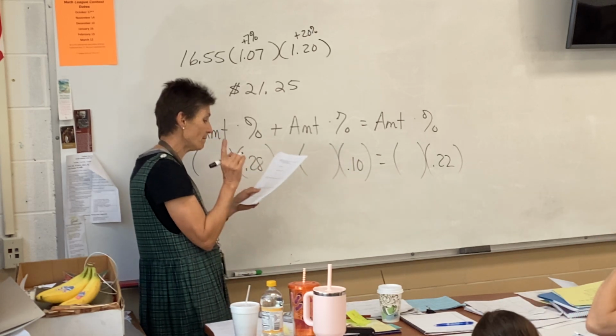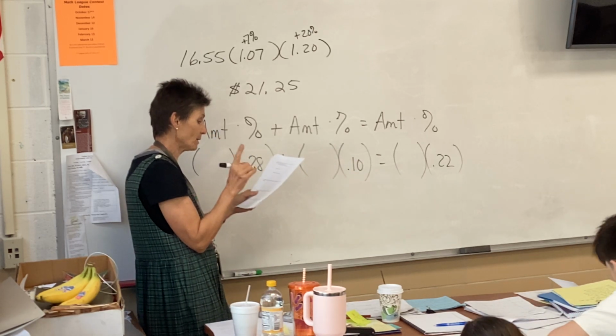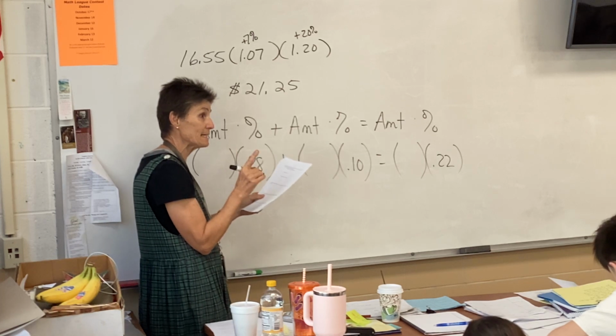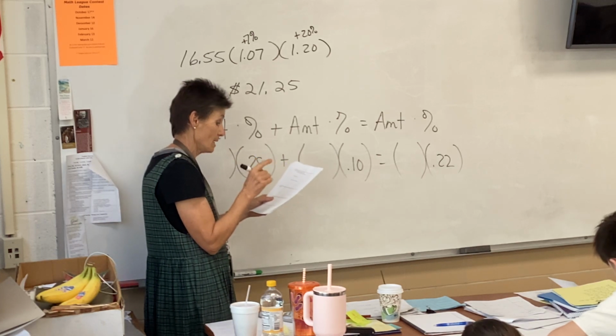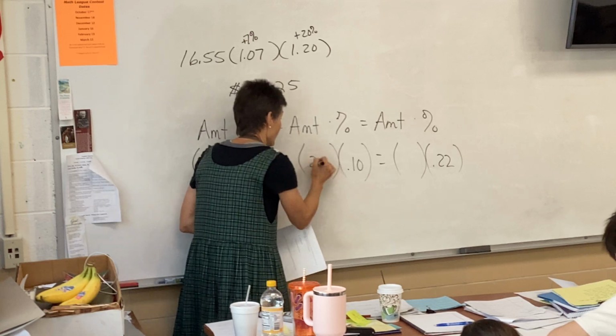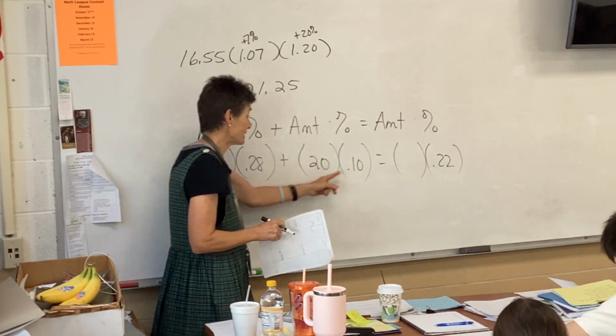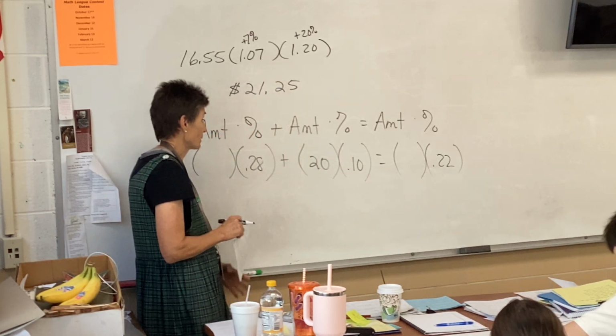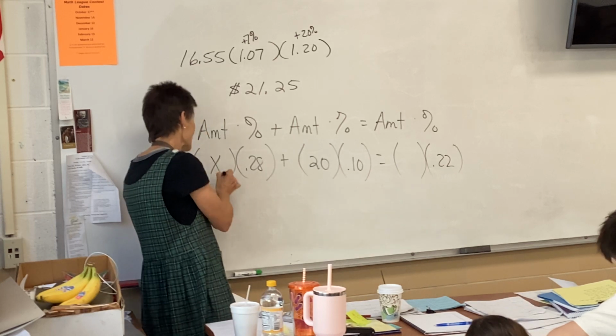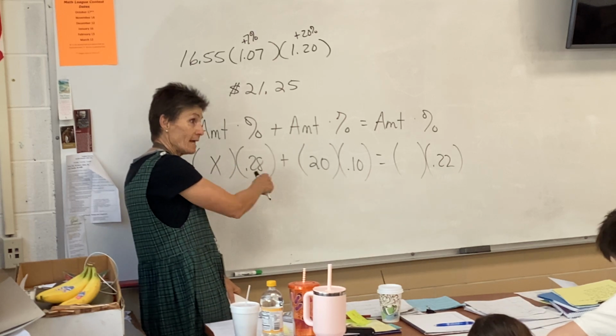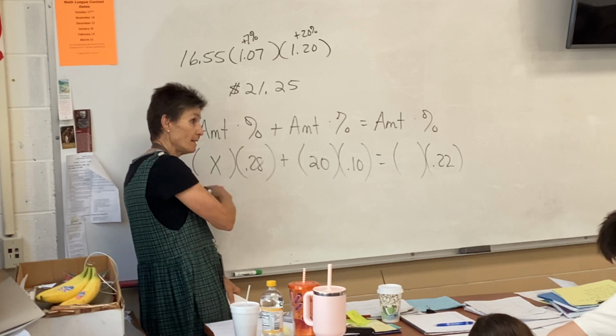I know one amount: 20 cups of 10%. So it goes right here, 20 times 10. I need to figure out what the 28 is. How much is there of the 28?